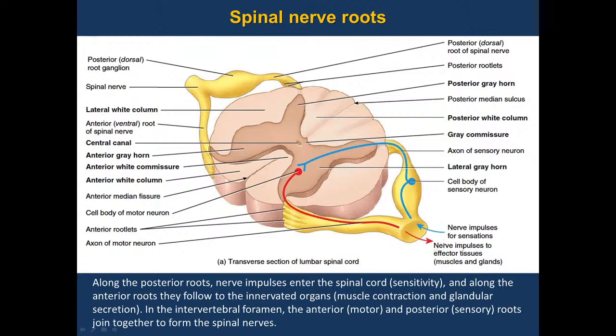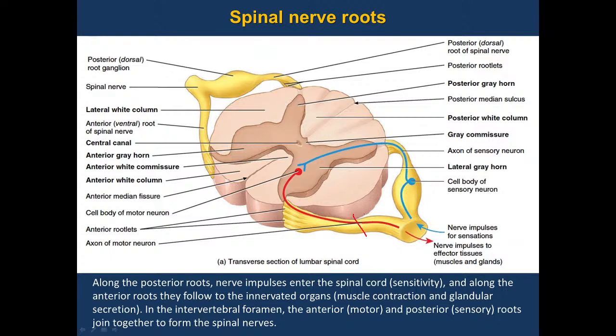My question is, what happens if the dorsal or posterior roots of the spinal cord are damaged? I hope you guess. The patient will lose the ability to feel. No sensory information comes into the spinal cord and then to the brain. But what happens if the anterior roots of the spinal nerves are damaged?